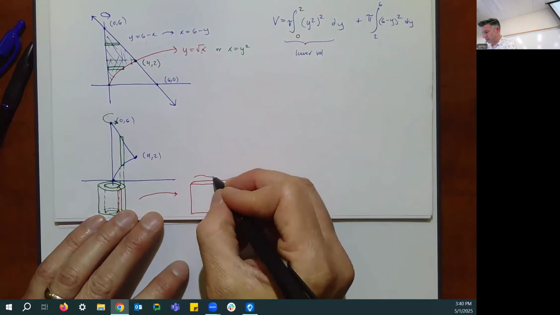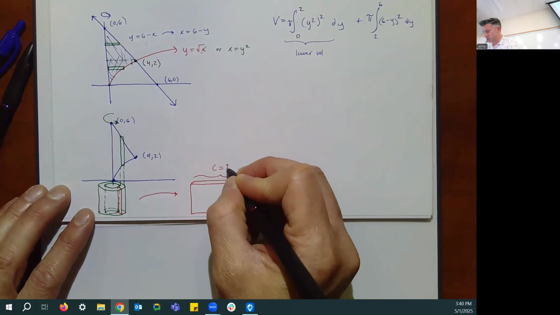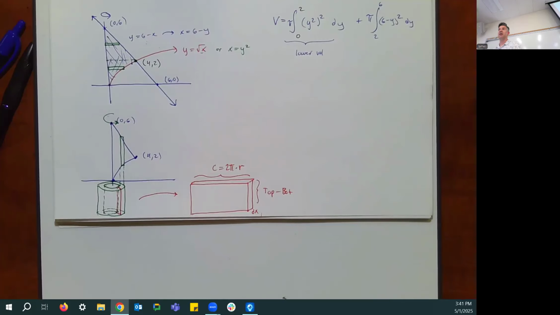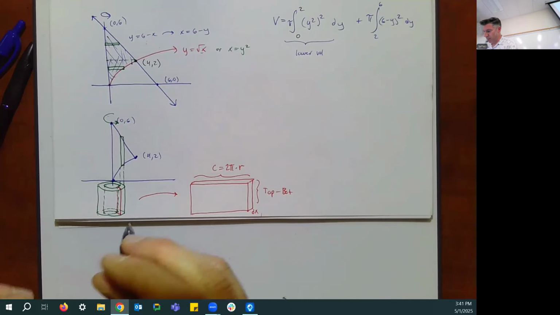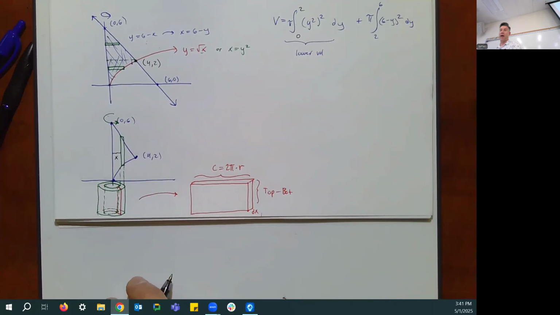And the length is the circumference of our cylinder, the circle that's the top of the cylinder. That circumference is 2 pi times whatever the radius is. And the radius is how far the strip is from the axis of rotation, which is almost always just whatever variable you're using. I should say, if it's one of the normal axes, either the y-axis or the x-axis, it's just x or y, because it's just saying how far x is from the axis. So here, my radius is just x. It's how far that strip is from the y-axis.